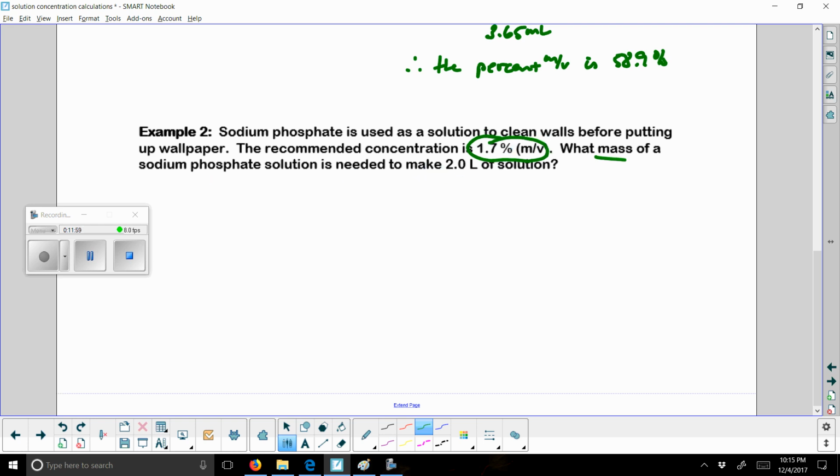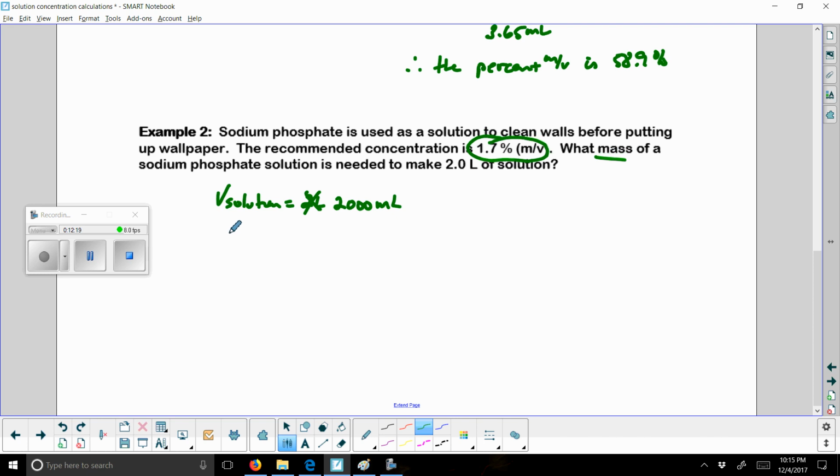So the first thing we have to do, we have to write down what we have. So I know the volume of the solution is 2 liters, but I can't use 2 liters. I have to use milliliters in consumer chemistry when it comes to percentages. So 2,000 milliliters.